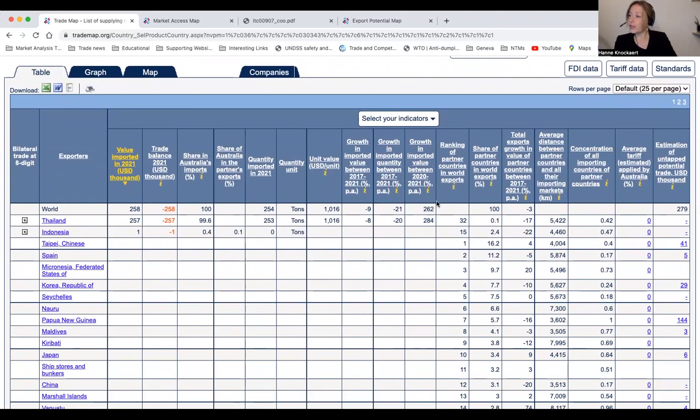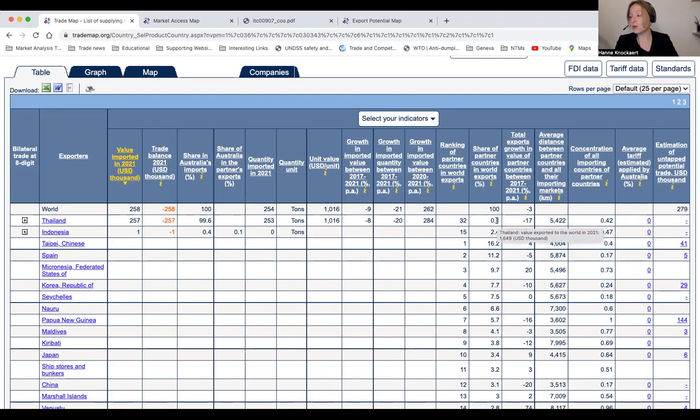I will go over the trade indicators because they will come back with every table we look at. So I'll just continue right now, and then we will continue analyzing the rest of the information in this table. So we see that the ranking of the partner country in the world exports is also mentioned. So we can see that Thailand is number 32 in the world exports of this fish. So it's actually not one of the largest exporters of this fish.